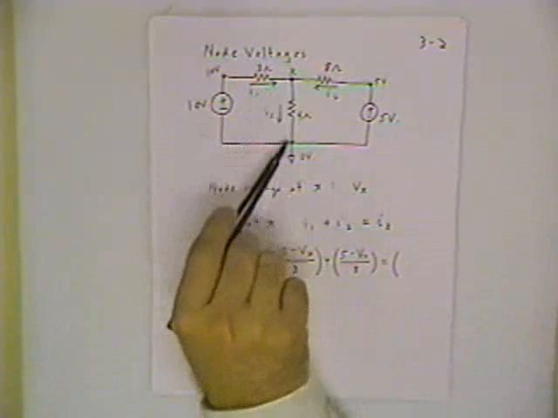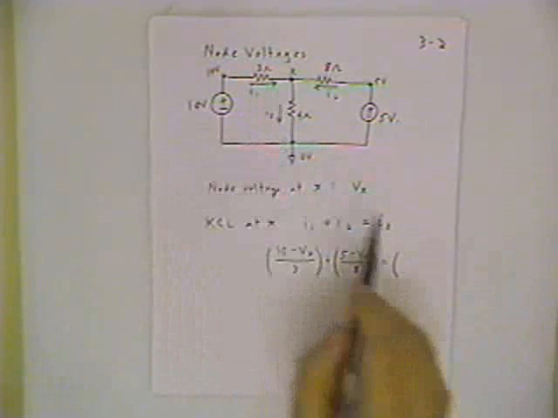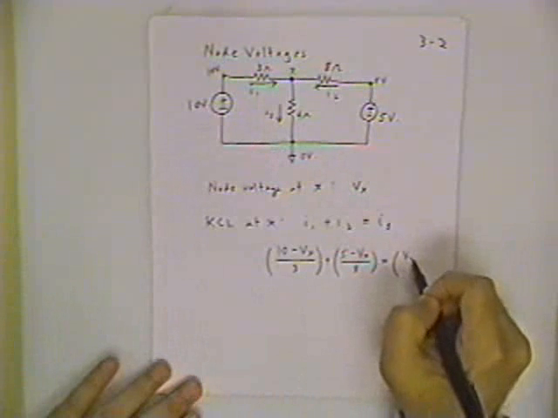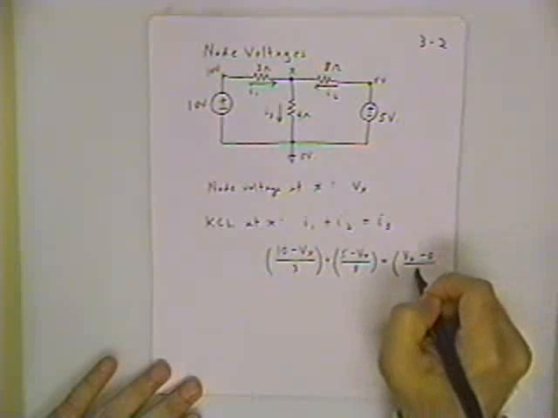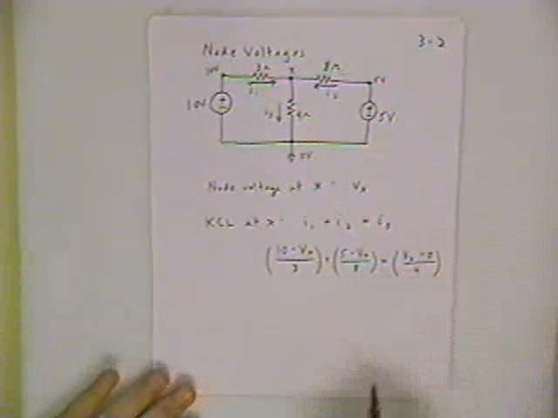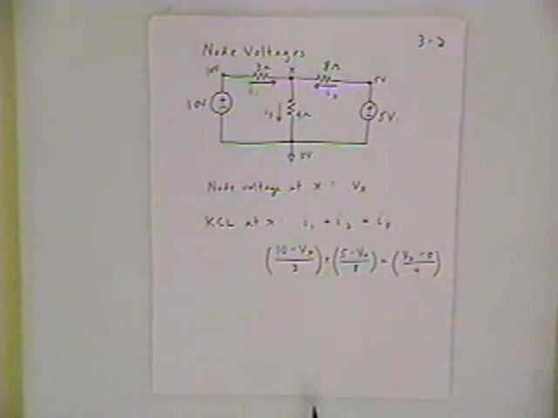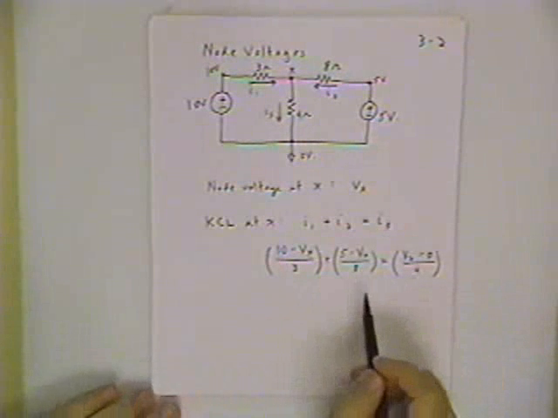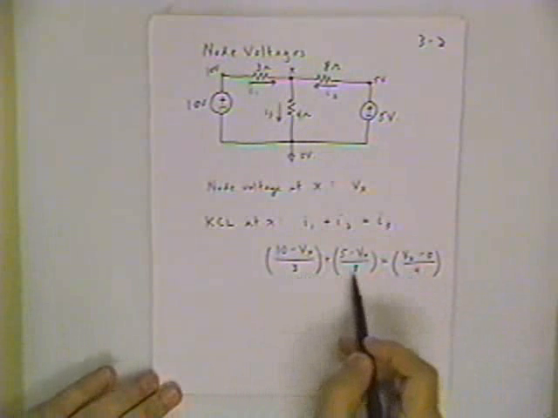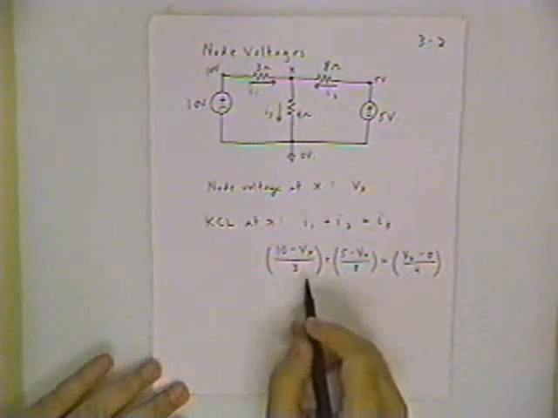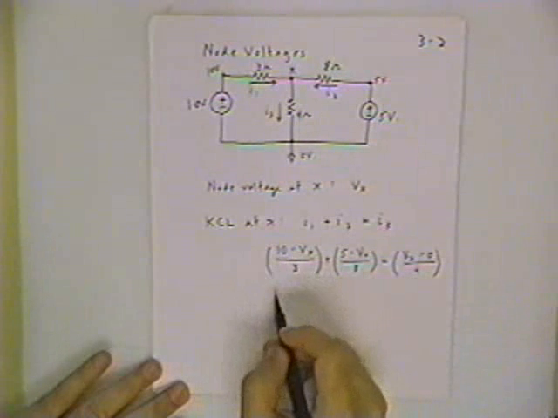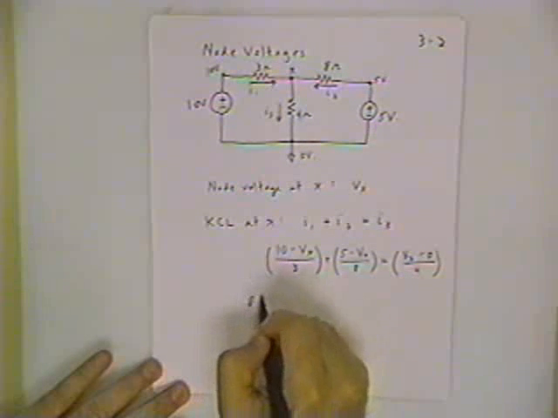This current is going from higher to lower potential from V sub X to 0. So I can say this is V sub X minus 0, divided by 4. Now, just as an algebraic point, it would be useful to multiply through by, let's say, a factor of 24 to clear all these ratios. So if I multiply through by 24, I get a factor of 8 here.